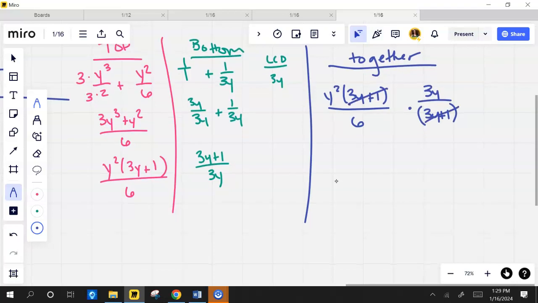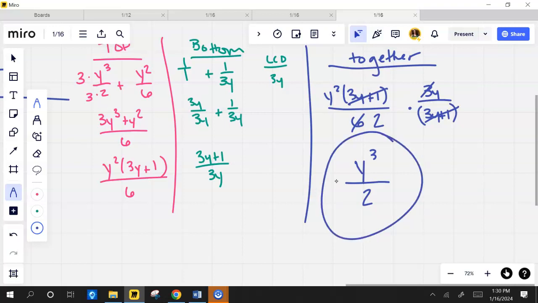So 3y plus 1. The 3 and the 6 will also simplify, right? To 1 over 2. 3 over 6 is the same thing as 1/2, right? So now I have y to the third. So there's my final answer.